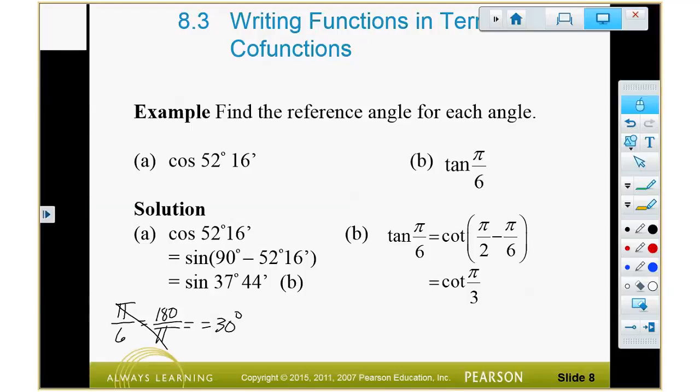Always know where it is, and that's why I did this right here. So I know that it's not over 90 degrees, so I can subtract it from pi over 2, instead of, say, subtracting from pi, which is 180 degrees. Now here they're telling you to put tangent in terms of cotangent. And what they're getting you ready for is rewriting those identities in section 2, I think, in unit 2.